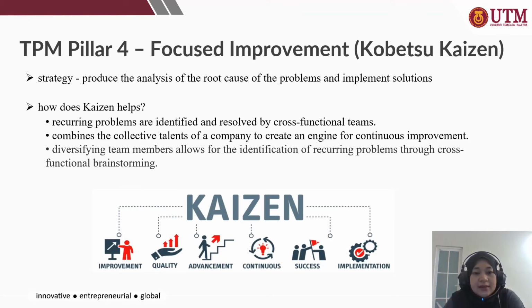This guidance helps because recurring problems are identified and resolved by these cross-functional teams, which combine the collective talents of the company to create an engine for continuous improvement. Diversifying the team members allows for the identification of recurring problems through cross-functional brainstorming.